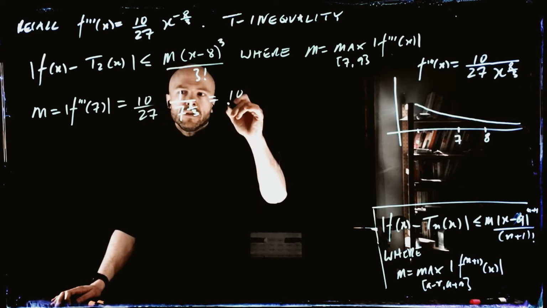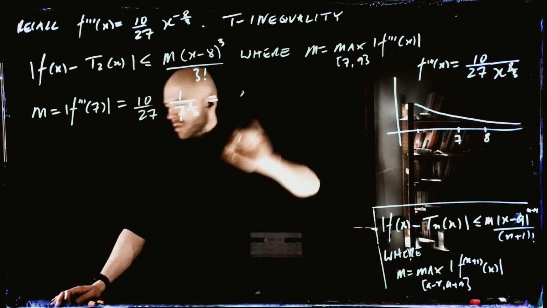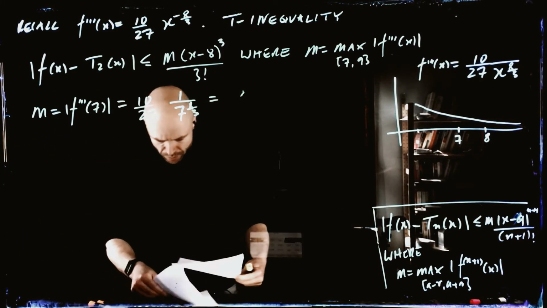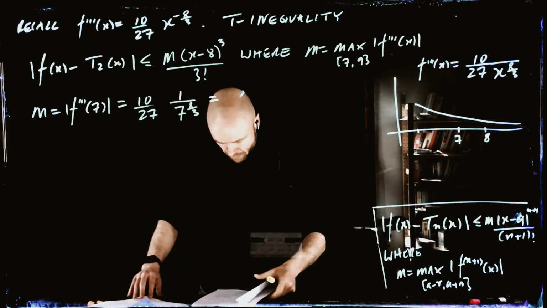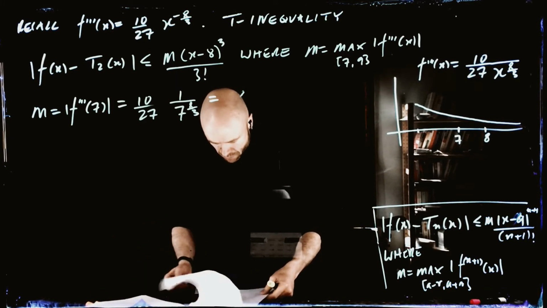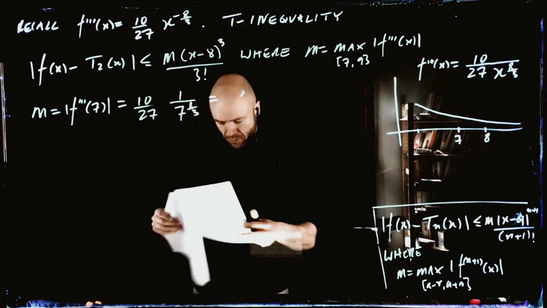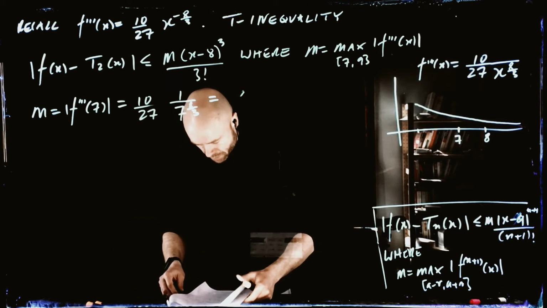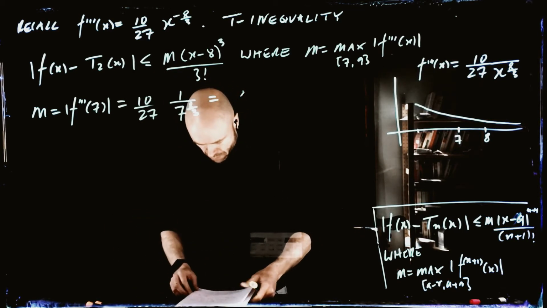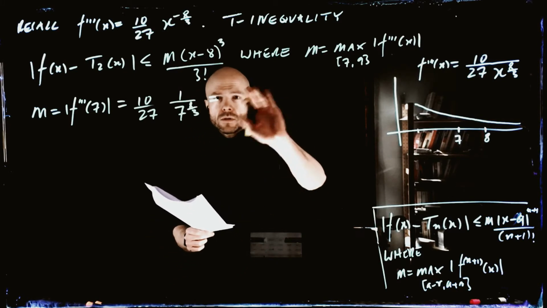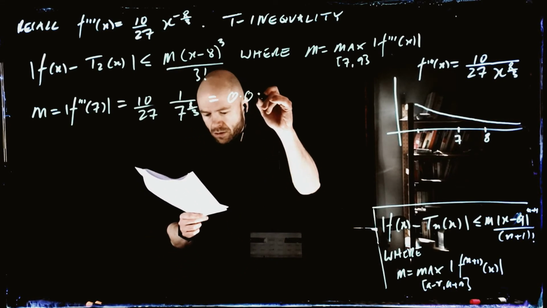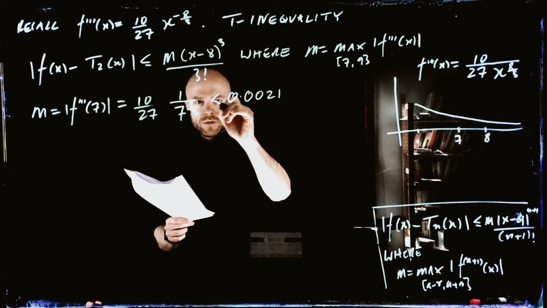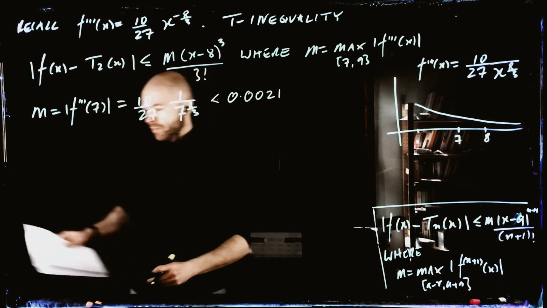And that is some complicated number, which is pre-calculated and turns out to be 0.0021, or it's less than this. So the first 4 terms of the decimal expansion is this.